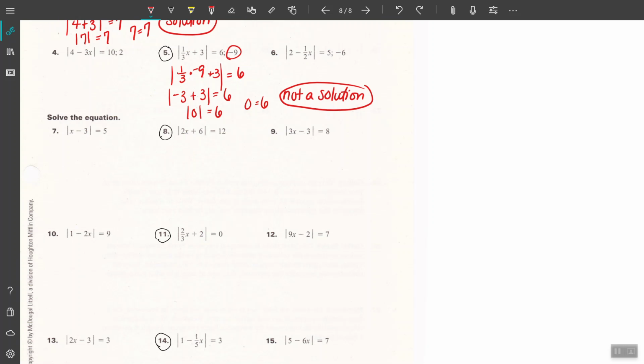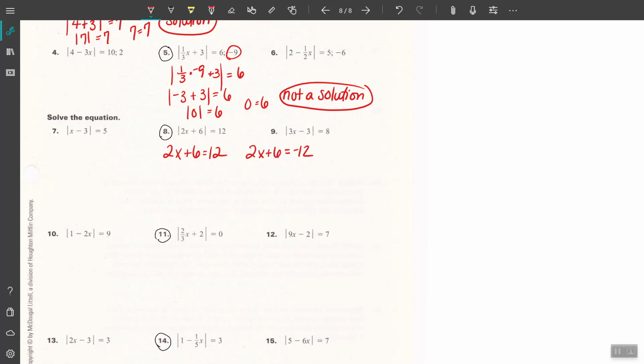Remember, in order to do this, we have to acknowledge what the absolute value symbols mean, which basically they mean, in a nutshell, that 2x plus 6 can be set equal to 12, or it can be set equal to the opposite of 12. So remember, absolute value symbols are all about how far to the right or to the left a certain value is from the number in question.